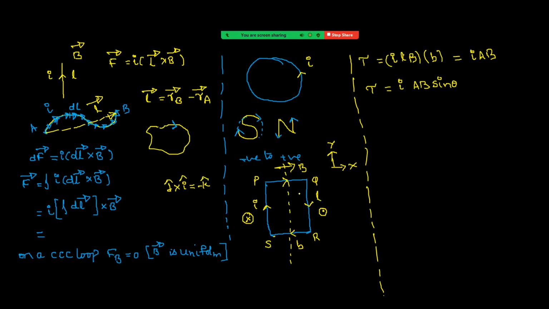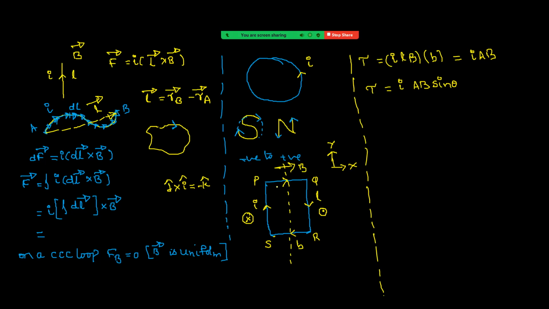Or I can say angle between the normal to the plane and field vector, because the direction of dipole moment is normal to the plane. The best one is between the magnetic dipole moment vector and field vector.